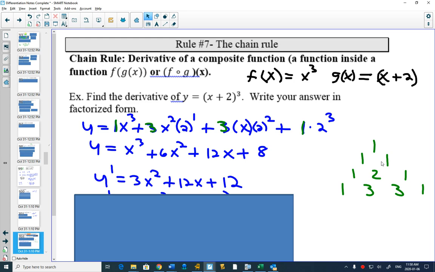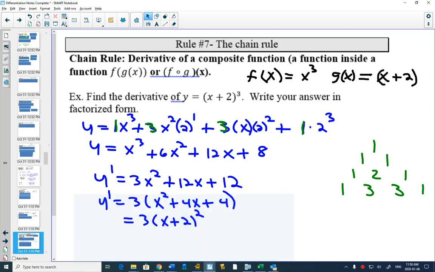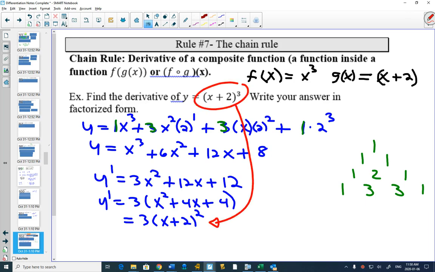So once it's simplified, the derivative is easy, but now it says, can you write your answer in factored form? So I could factor out a 3, and then it just becomes 3 times x plus 2 squared. Now someone looked at this, and looked at this, and said, hey, maybe I could find a shortcut.